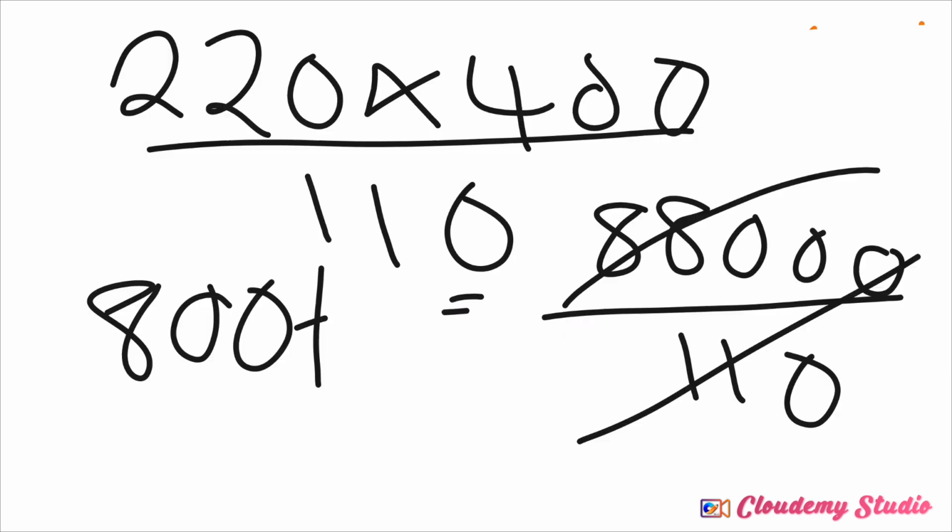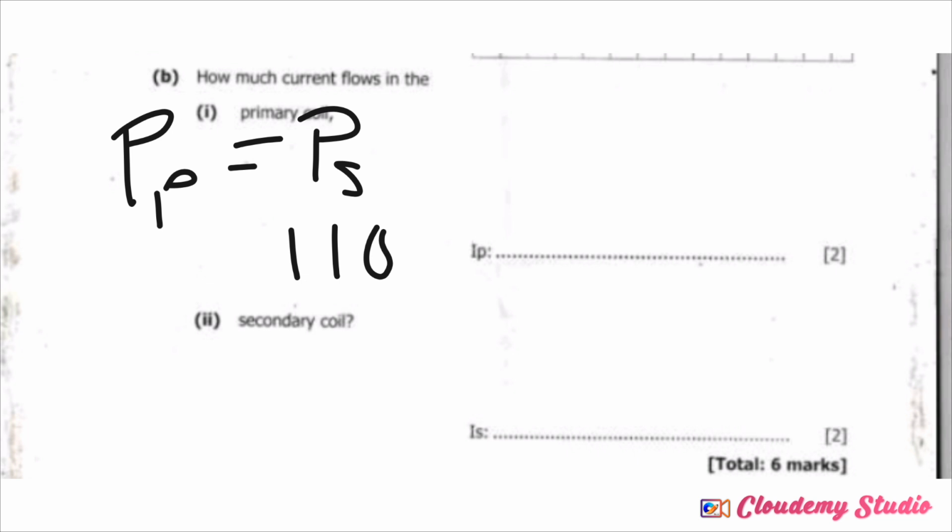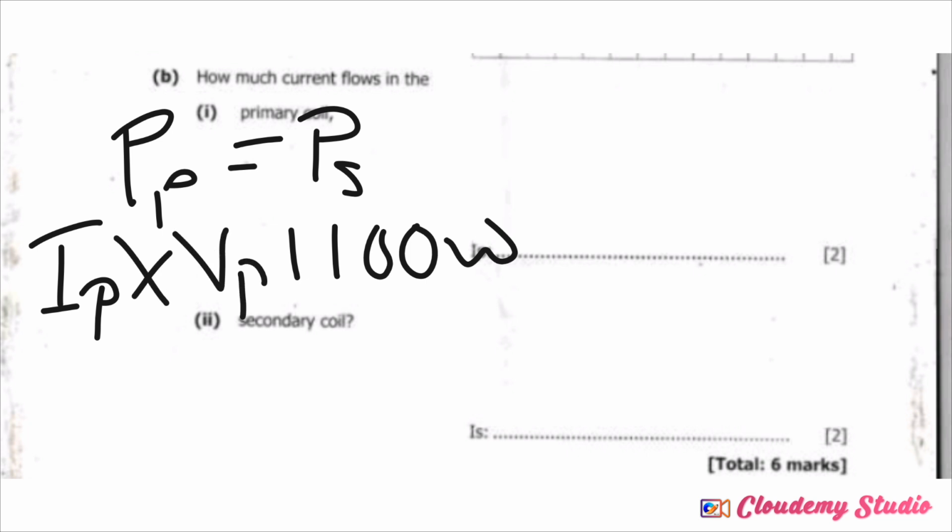Done. Then the next question: how much current is that? Okay, so here by using the formula of current, we would say the power in the primary is equal to the power in the secondary. The transformer dissipates 1.1 kilowatts, which is 1,100 watts. So the current in the primary, which we don't know, times the voltage in the primary, which we have been given to be 110.